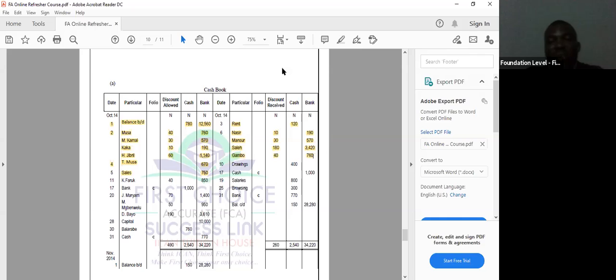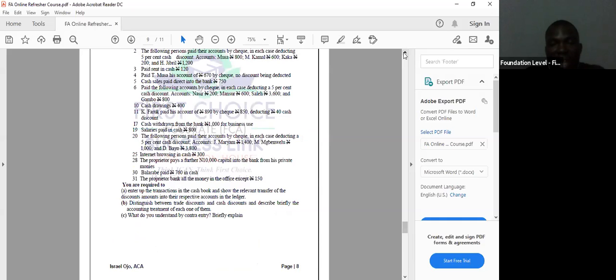So the next one that we have is cash drawings. Now, cash drawings is a form of the owners taking out of their capital.